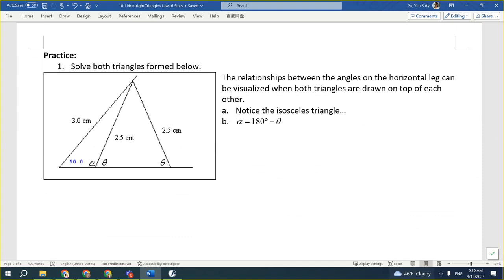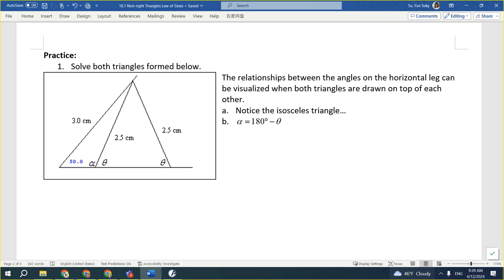The relationship between the angles on the horizontal leg can be visualized when both triangles are drawn on top of each other. Notice the isosceles triangle. Do you see this as an isosceles triangle? This side and this side are the same.